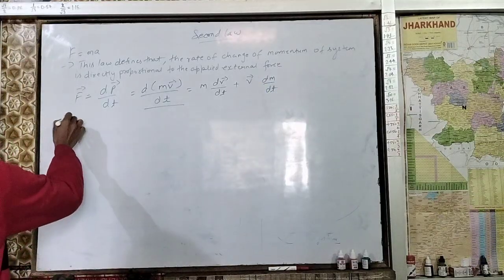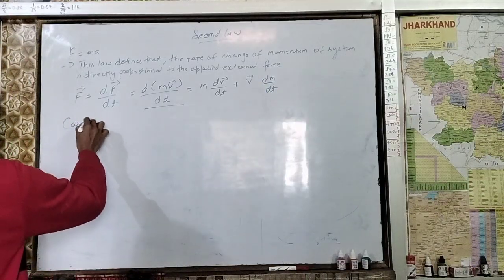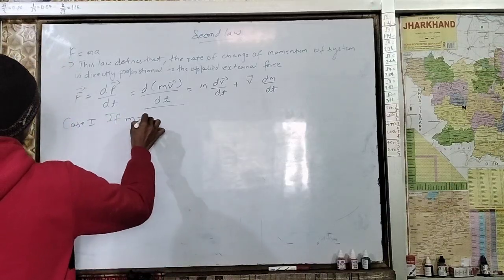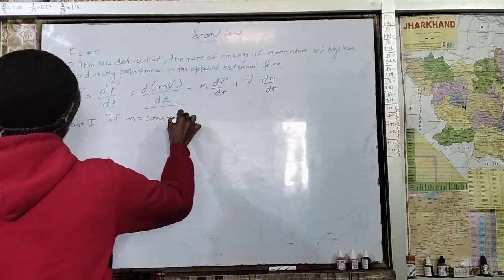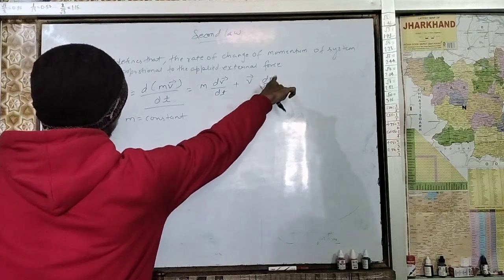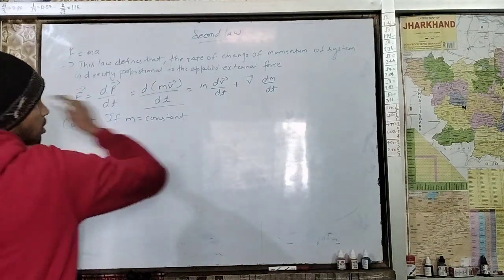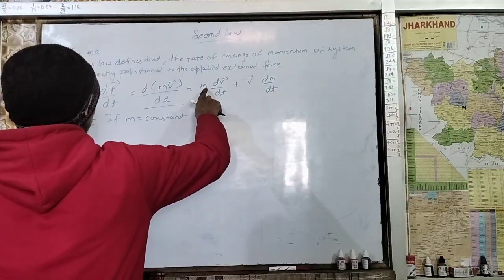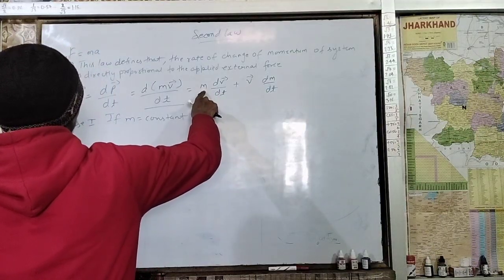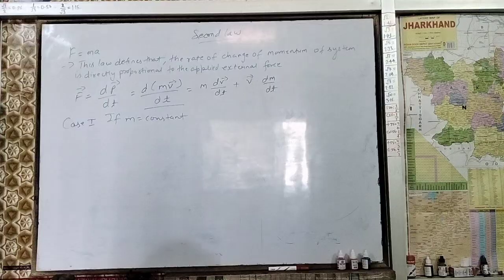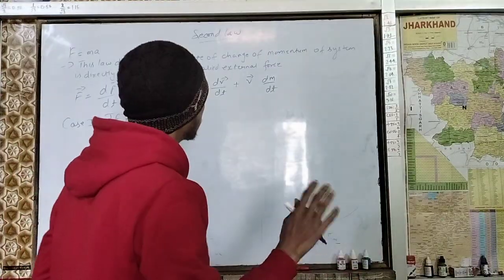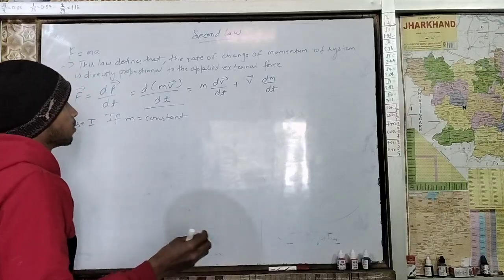Now case number one. If m is a constant, remember, the derivative of a constant will become 0. So this whole term will become 0. We are not saying m is 0. m can be any number, but the derivative of any constant number will always be 0.